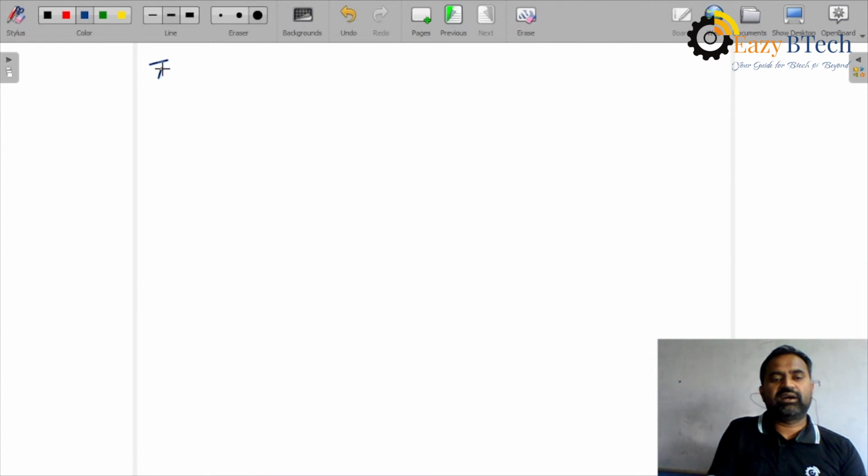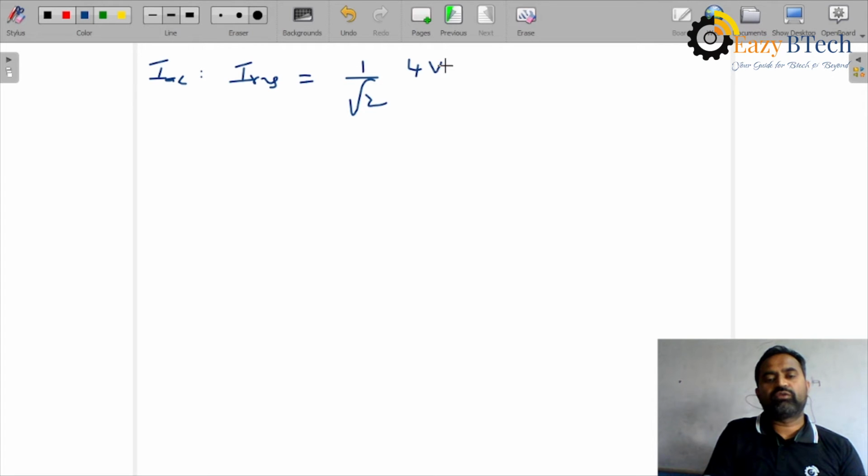Now we will write IAC or IRMS is equal to 1 by root 2, 4 Vm by 3 pi into 1 by XL, which means 2 omega naught L. This is the structure. IDC is 2 Vm by pi into RL.